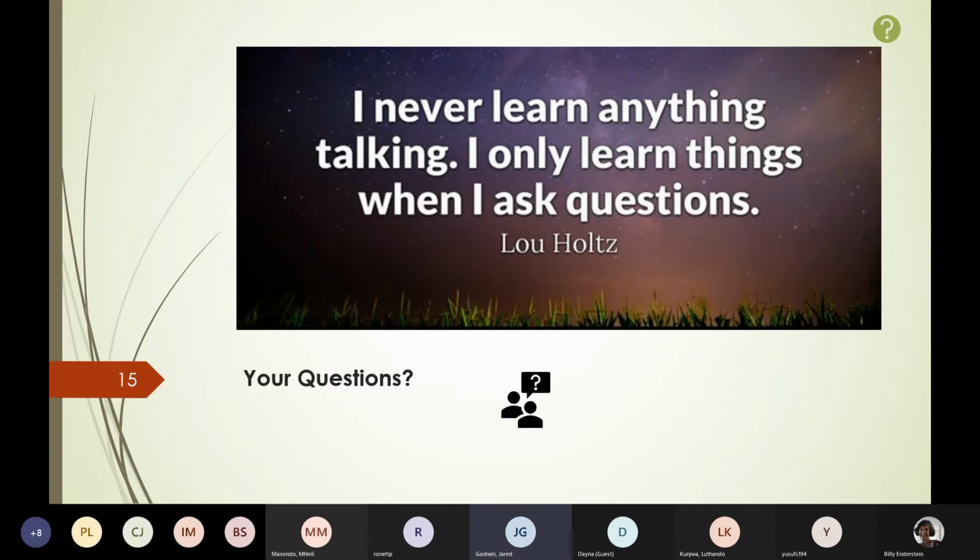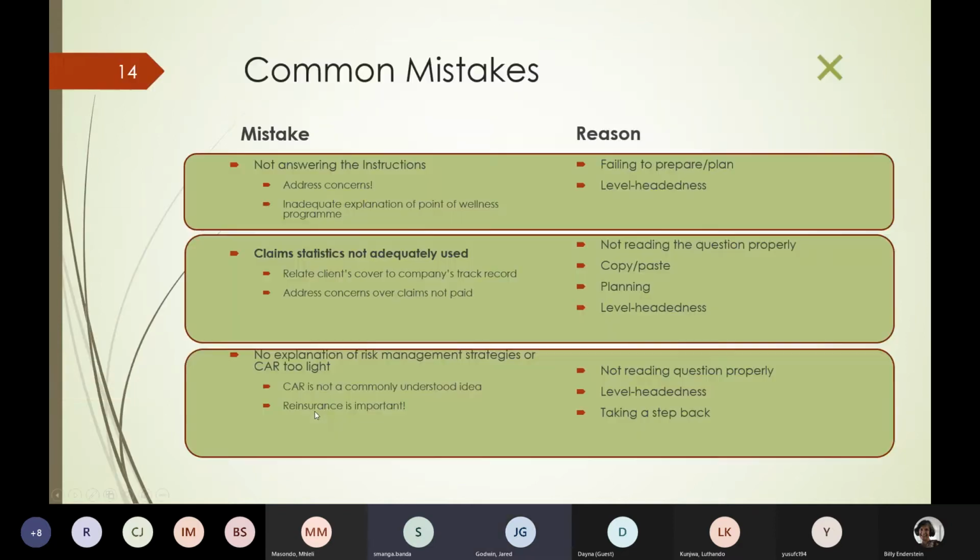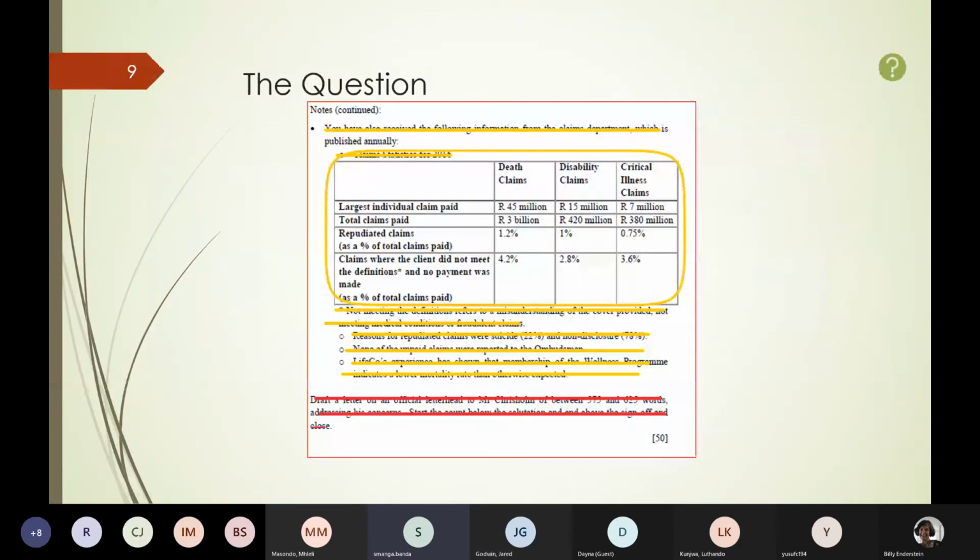Hi, Jared. Oh, hi, sorry. It's Manga. I noticed that with the table, when I initially see the table, I would think to include everything and just plunk it in the solution. But I noticed that you summarized, you gave a 4% rate of claims not being paid.